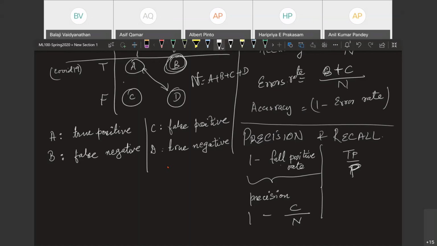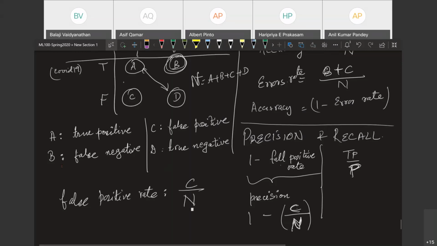So false positive is C over N, the total, right? So C is the false positives divided by the total is the false positive rate. Am I making sense, guys? C over N, false positive rate. Let's just focus on this, C over N. Does this make sense?